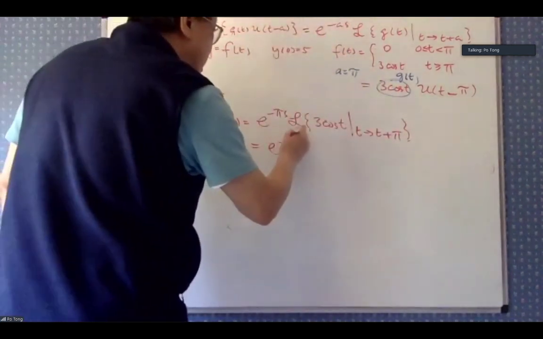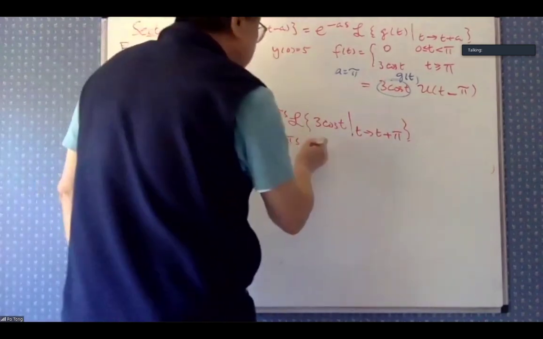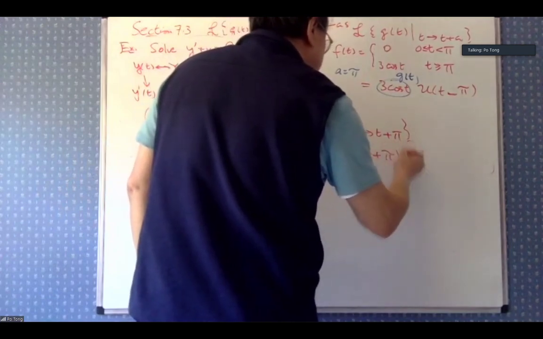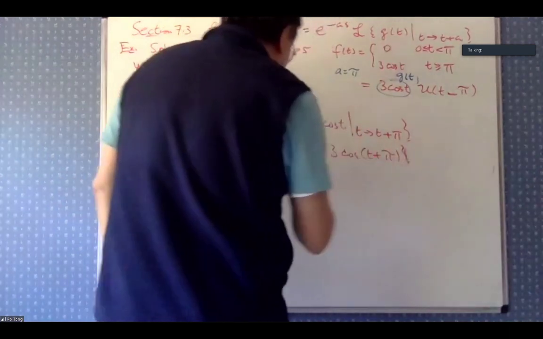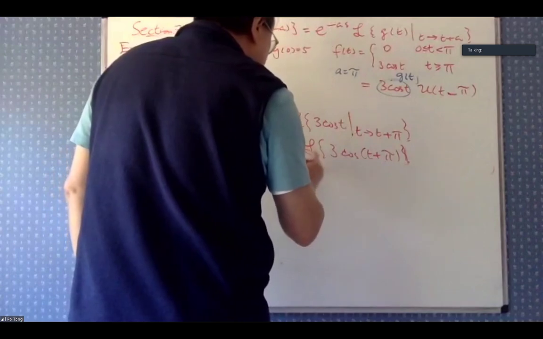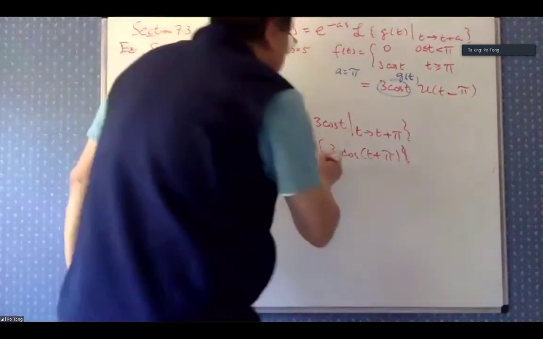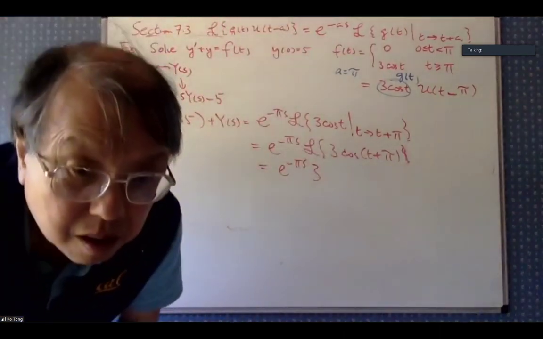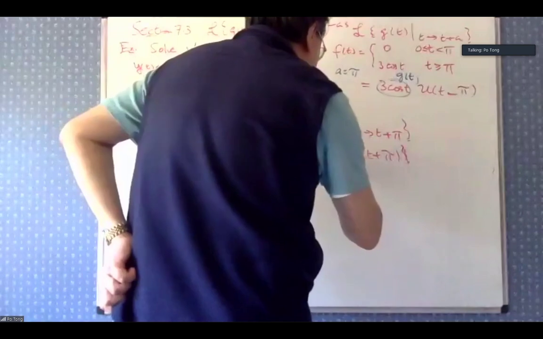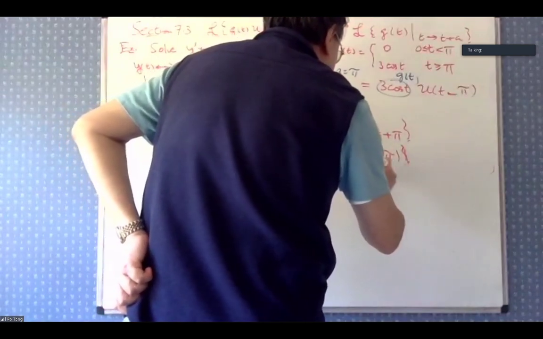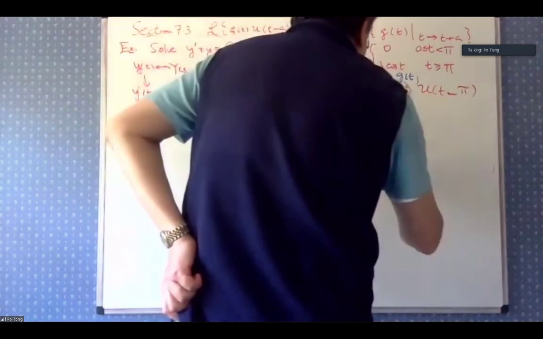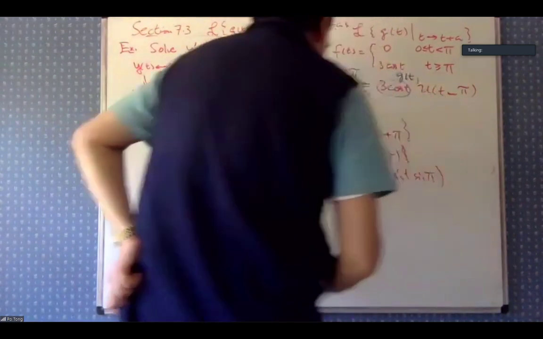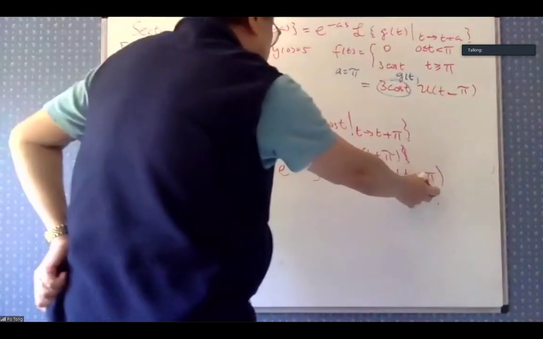So 3 times cosine(t plus pi), which is cosine cosine minus sine sine, and one of them is going to be 0.